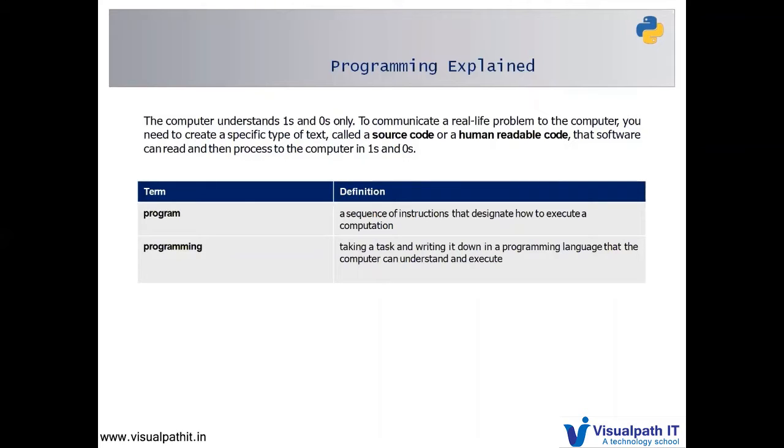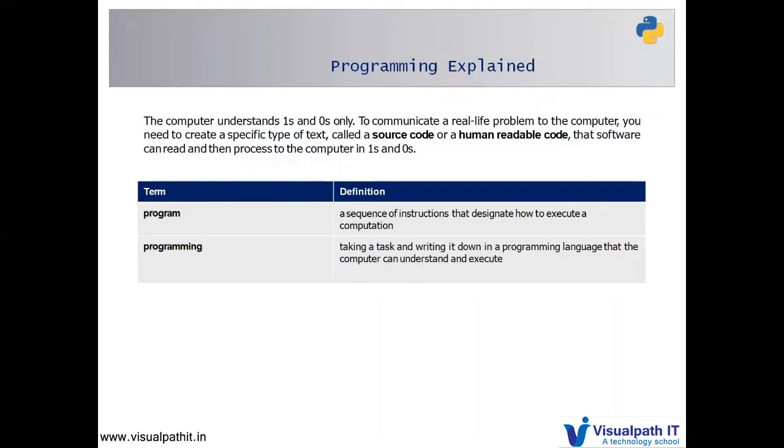the computer needs to be programmed, or it needs to have a set of instructions in a particular sequence to do a particular task. But unfortunately, the computer understands instructions only in ones and zeros.